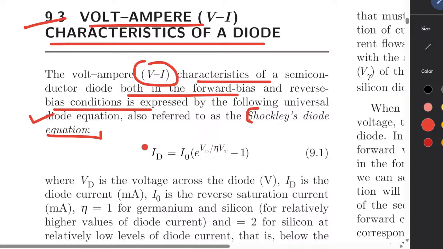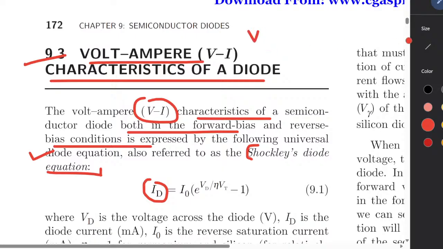In which the diode current ID is equal to I naught times e to the power VD by eta VT, minus 1.